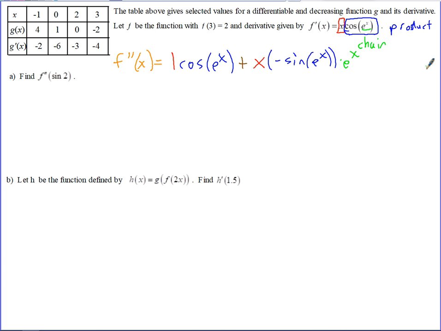Okay. We can simplify this a little bit here. So we have cosine of e to the x. And bring this negative out in front.